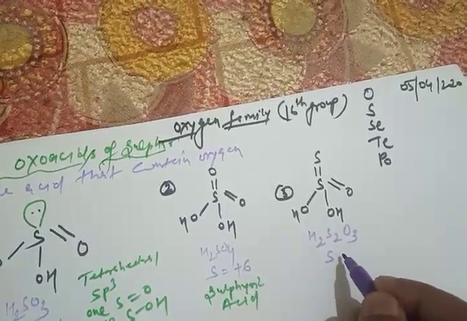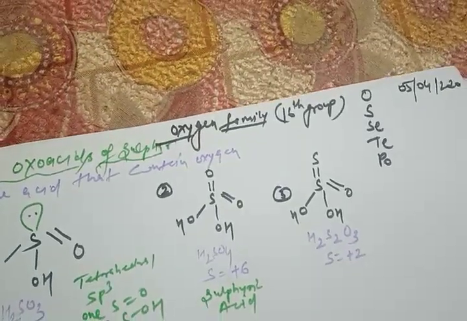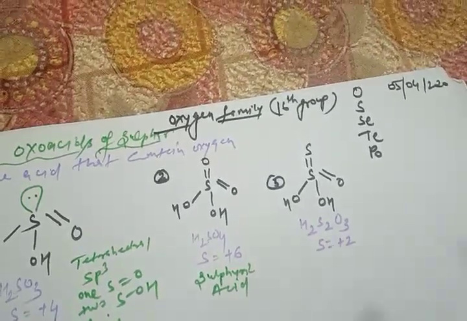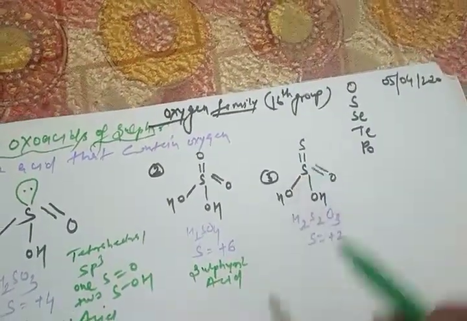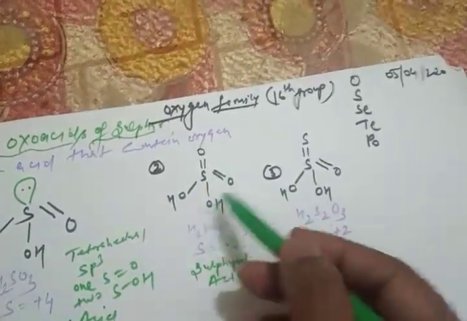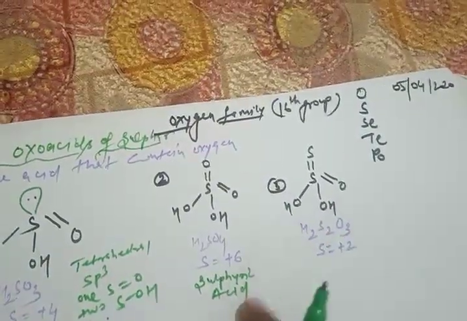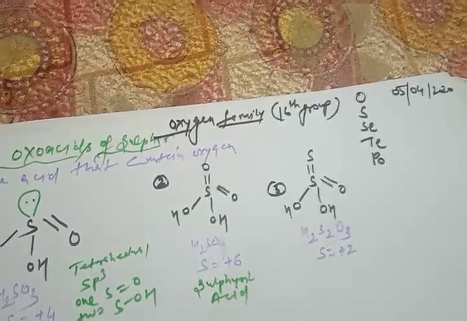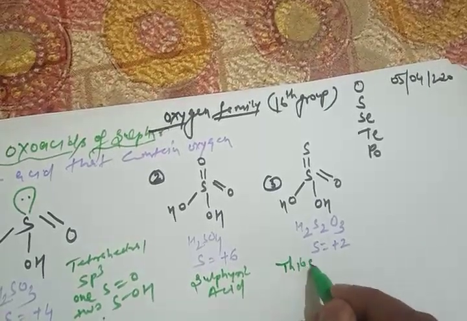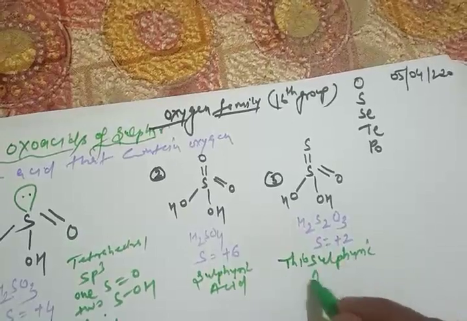Sulfur is in +2 oxidation state here. As I told you, this is a thio linkage, so the name will be thio because it is a derivative of sulfuric acid: thiosulfuric acid.